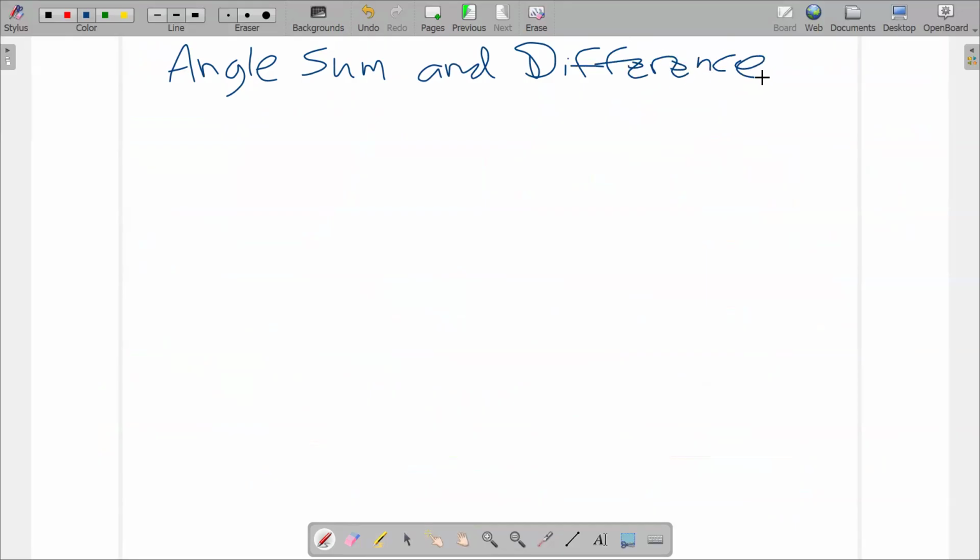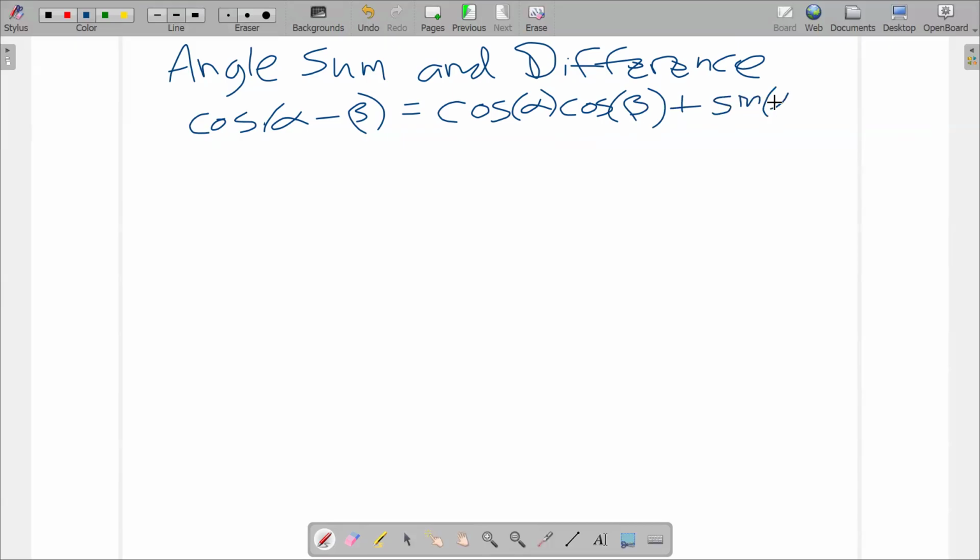The first one I just did was the cosine of alpha minus beta. We'll get to the sine in a minute. Cosine of alpha minus beta is cosine alpha cosine beta plus sine alpha sine beta.